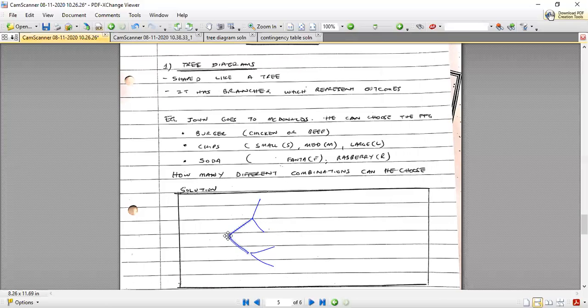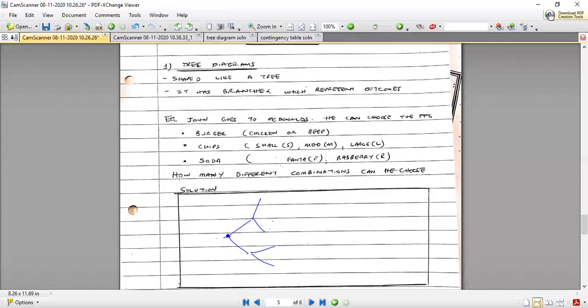But it has this starting point here, and then we have different branches out there. So that is how we would represent a probability and many events through using a tree diagram.